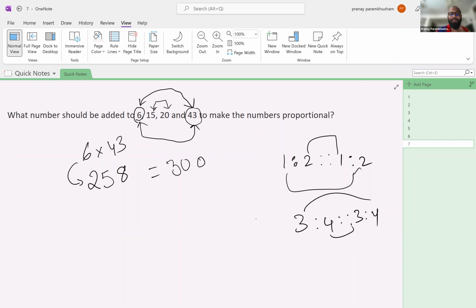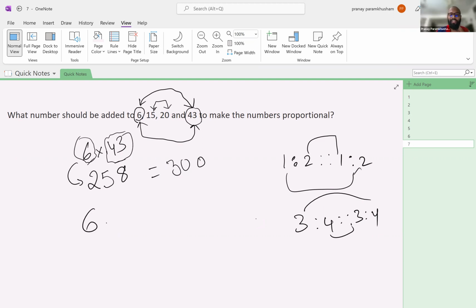Can you change any number to make it a 300? No, except for 258. These 6 and 43, one of them can be changed, right? Something can be increased to make it a 300. So what is that? Which number is that? Is it a 6 or is it 43? How you are going to do?